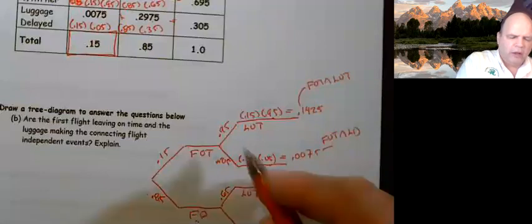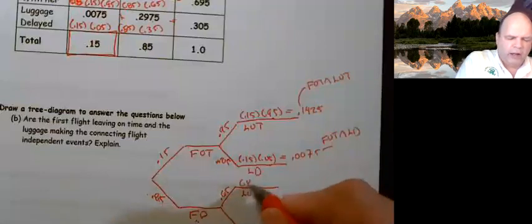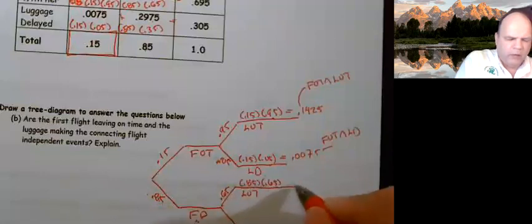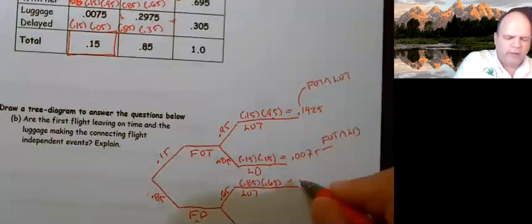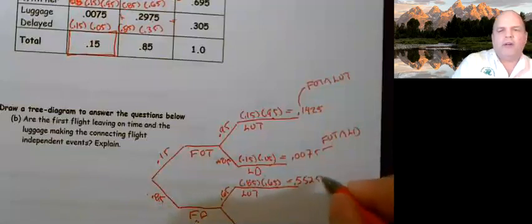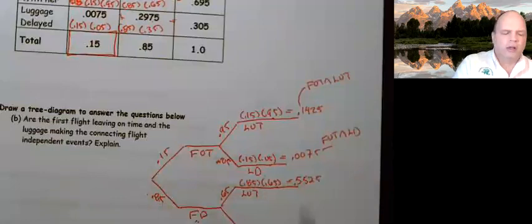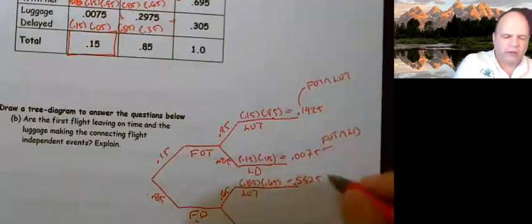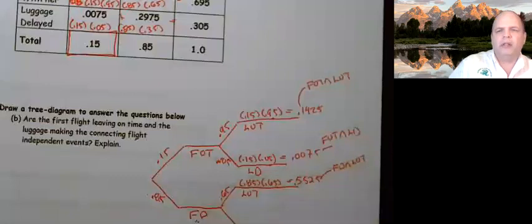So we multiply those, 0.85 times 0.65, and we find out that 0.5525, 55% of the passengers, their flight's delayed, but their luggage makes it with them. And this is the majority in this case. So flight delayed and the luggage is on time.